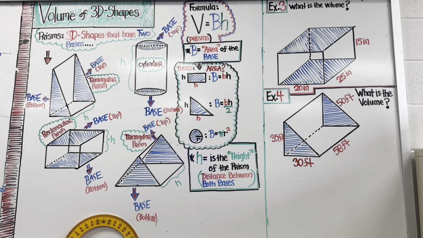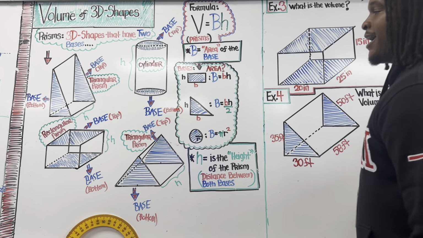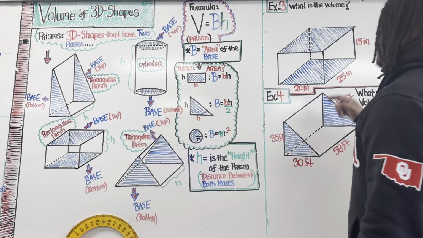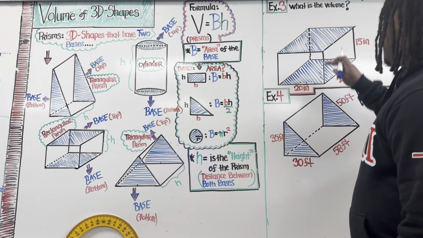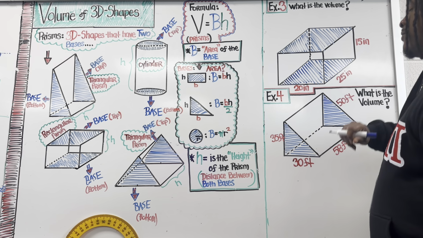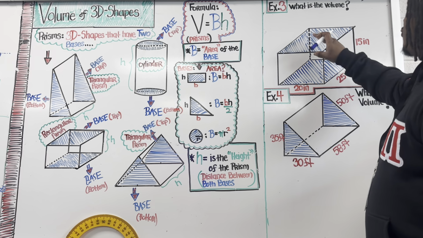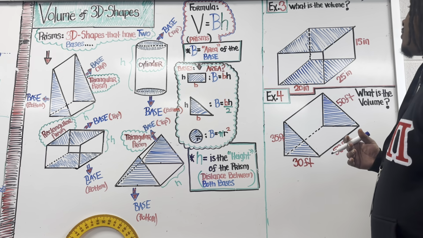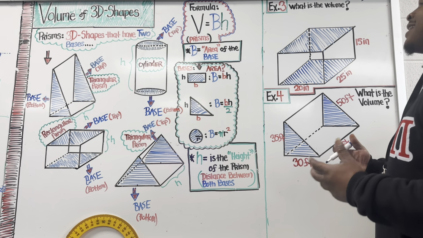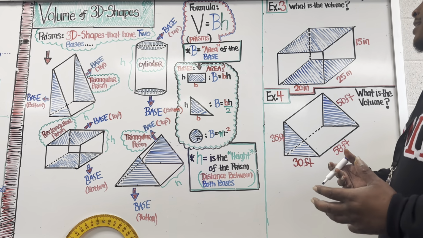So let's do the first example. It says, what is the volume? Here I have a rectangular prism because I have two bases, top and bottom, shaded in blue. Both bases are in the shape of rectangles, so I have a rectangular prism.